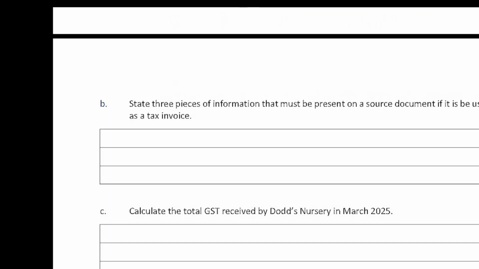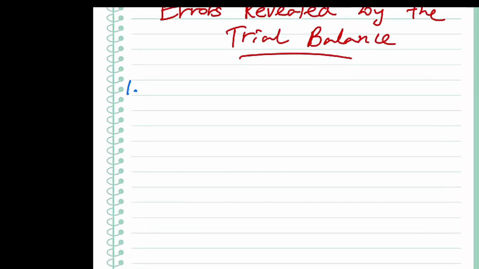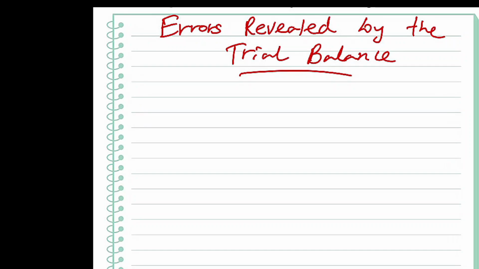After that, leave one space and write the next subtopic: errors not revealed by the trial balance.